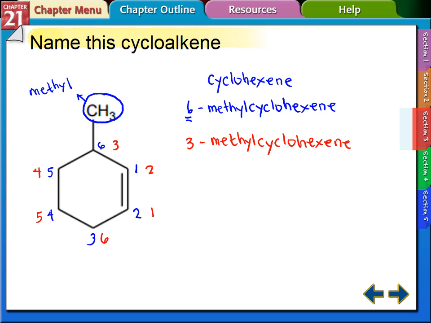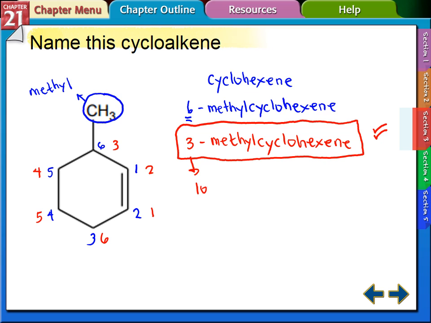So which of these two names is actually correct? Based on the rule, the second name, 3-methylcyclohexene, is the most appropriate, since we have to make sure that the number assigned to a methyl group should be the lowest. So this is lower.